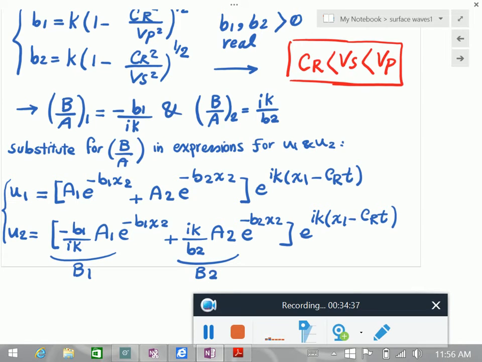So one is like A1, A2, and nice. It's like two components of what we had before. And this one, the amplitudes are multiplied by an imaginary number, like i. What does that tell us about U1 and U2?